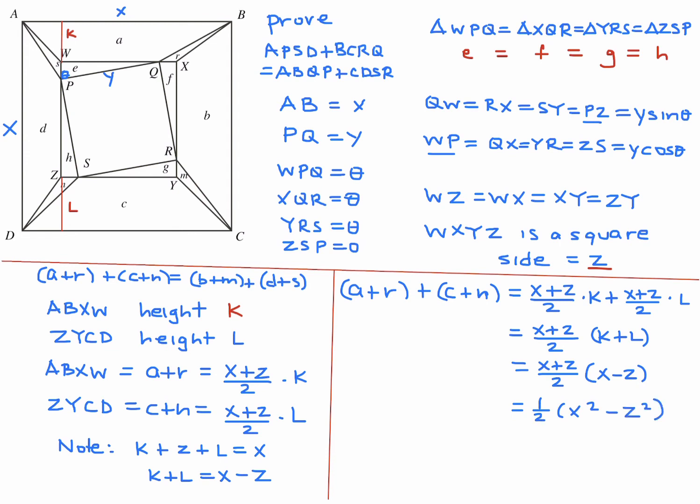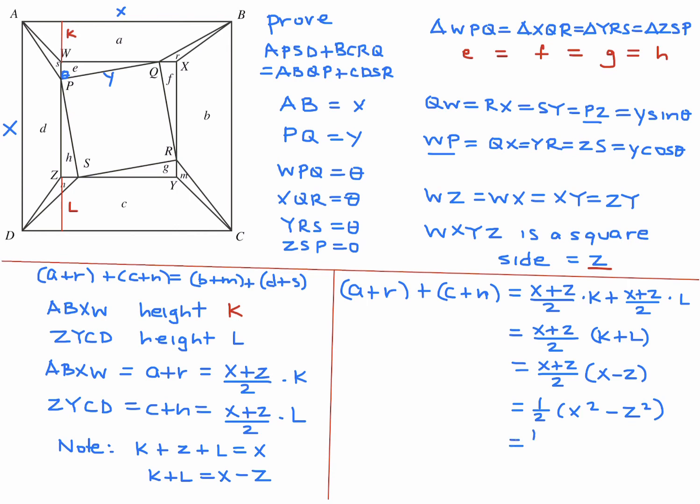All right. Now at this point, x squared minus z squared is a very interesting finding. X squared represents the area of the big square, right? X times x. Z squared represents the area of that square. So x squared minus z squared is basically the area in between them.